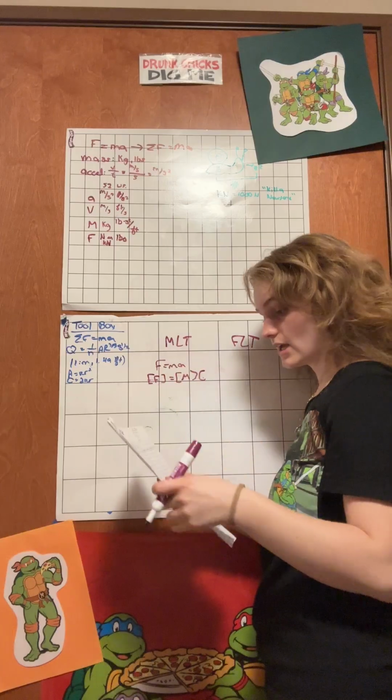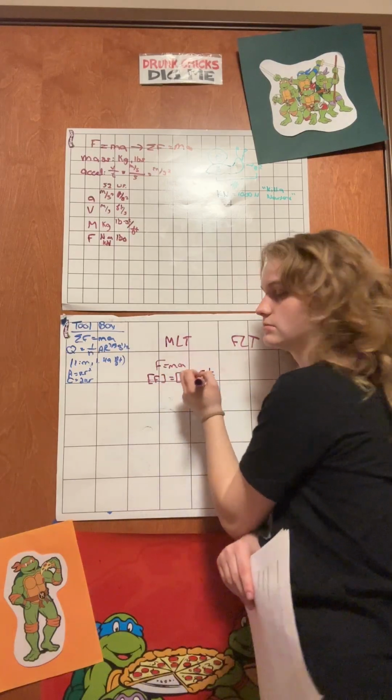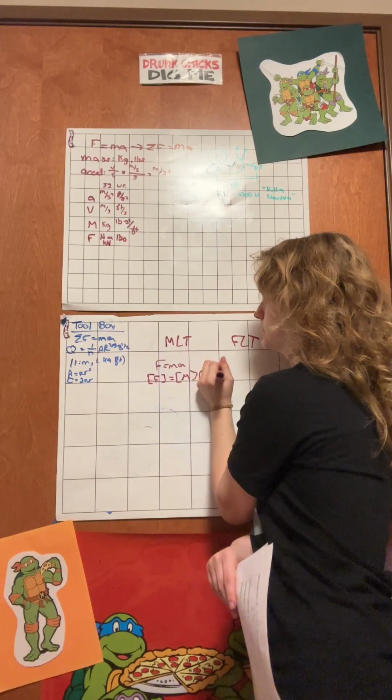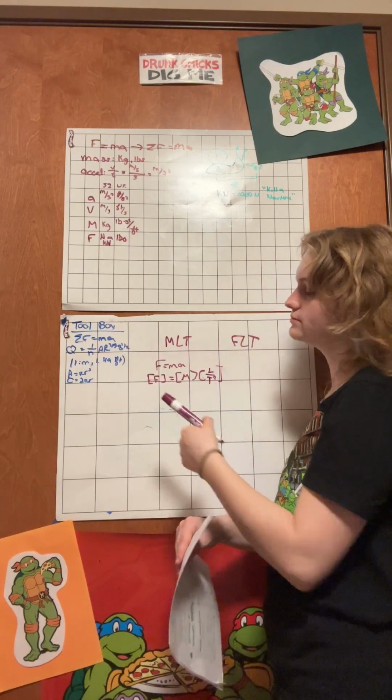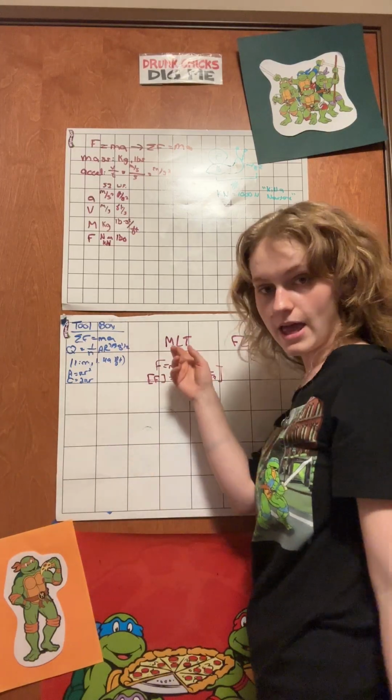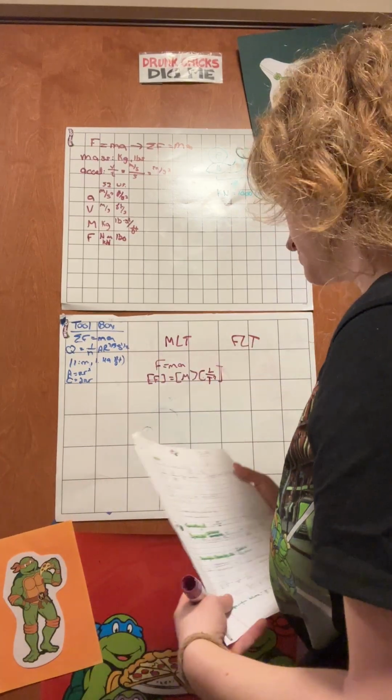So that is length. A meter is a length. Seconds is time squared. Boom. Force, Newton's second law, in terms of MLT. Trust.